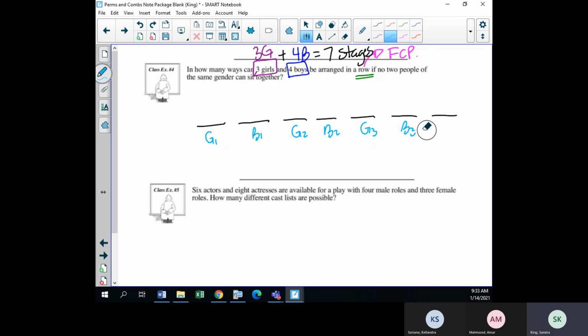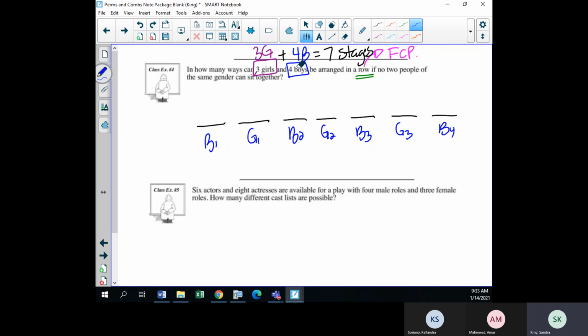So I'd be like, nope, I gotta erase this. So now we know, let's set it up. It has to start with a boy, right? So sometimes you might need to guess and check. So boy 1, girl 1, boy 2, girl 2, boy 3, girl 3, boy 4.